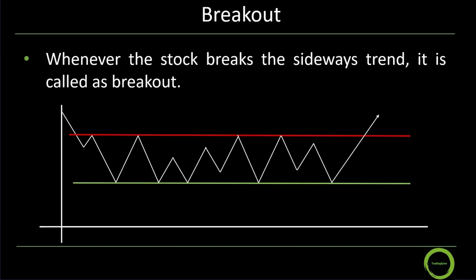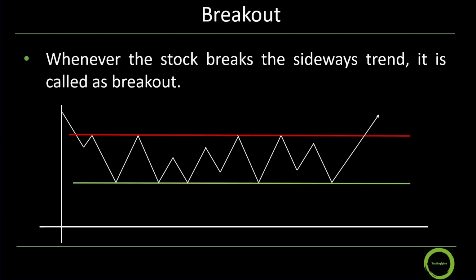That is, the old sideways trend is over and a new trend may emerge. This is one of the reasons why most traders prefer trading on breakouts, because you get to enter the stock when the new trend has started, and thus the probability is high of making good returns.